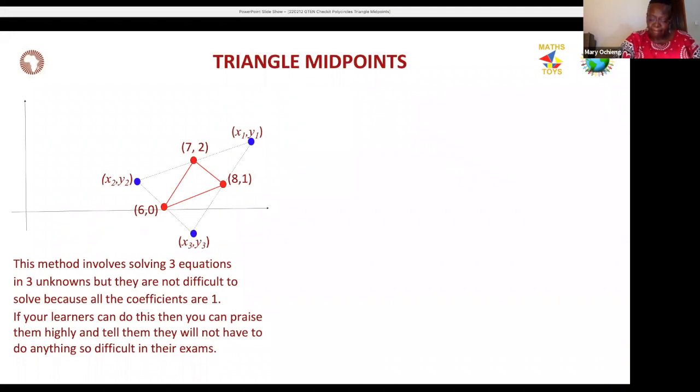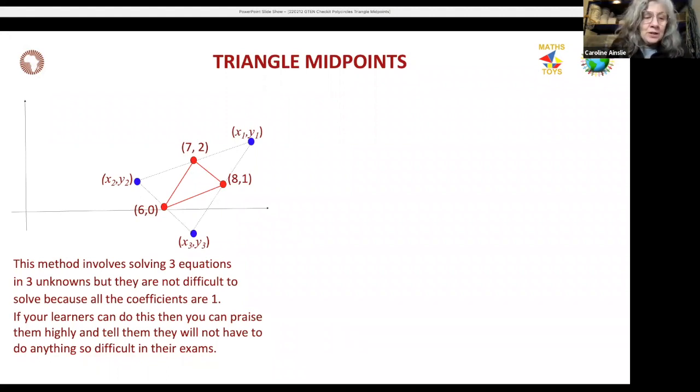And Caroline, what about the first method here? Right, this one is another connection with another subject matter, using the triangle midpoints and using coordinates. So again, working with coordinates to do another task, they're not thinking about the coordinates in themselves.